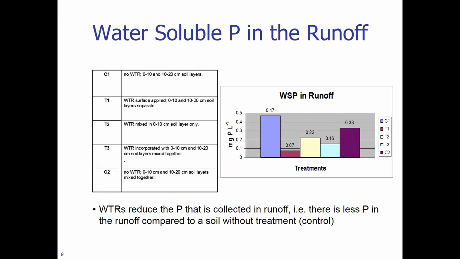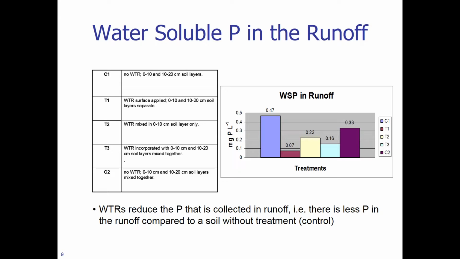And C2 is another control, with no WTR, but the 0 to 10 and 10 to 20 centimeter soil layers mixed together. You will recall that in the earlier rainfall simulation experiment, we used boxes that were 20 centimeters, subdivided in smaller increments, 5 centimeter increments or so. Here there are only two increments, 0 to 10 and 10 to 20.